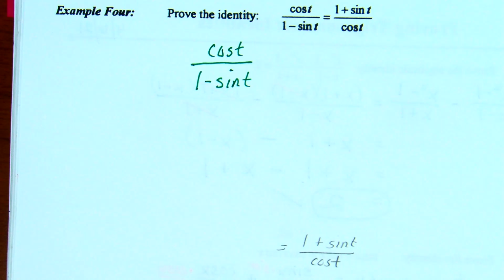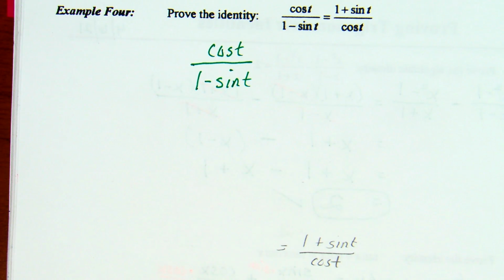However, what you do to the denominator, you can do to the numerator. So the suggestion is that we multiply numerator and denominator by 1 plus sine t. We're picking 1 plus sine t because it is the conjugate of the denominator. This is kind of a technique like when we rationalize to get rid of radicals. It's the same technique.